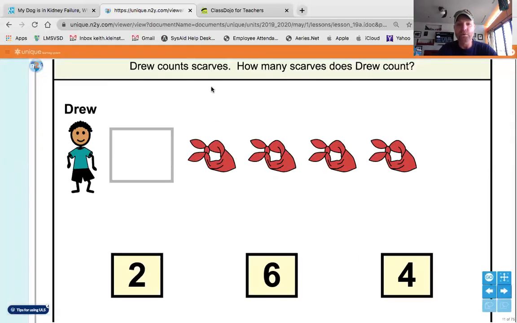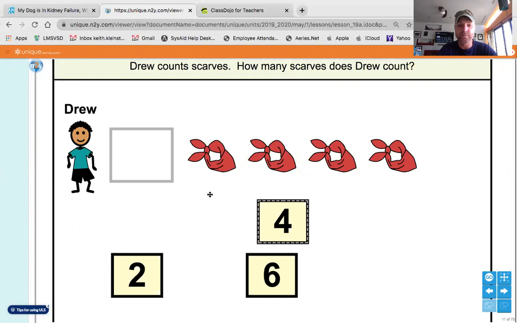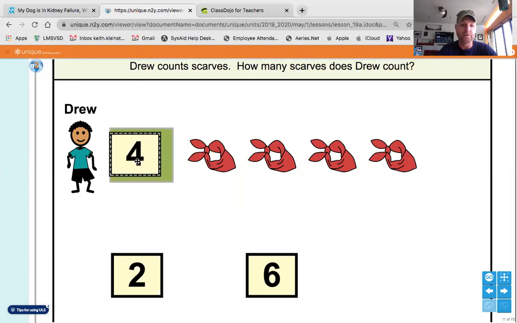Okay, Drew counts scarves. How many scarves does Drew count? Let's count them. 1, 2, 3, 4. So where's 4? We find 4. Identify. There it is. Bring the 4 on over. Again, you can just have your child point to the correct one. Usually in class they do this on the smart TV and use a stylus to drag the number over.